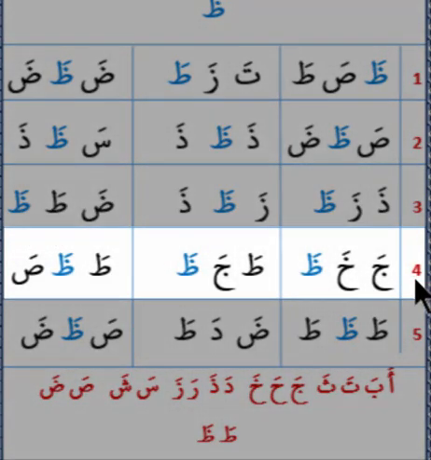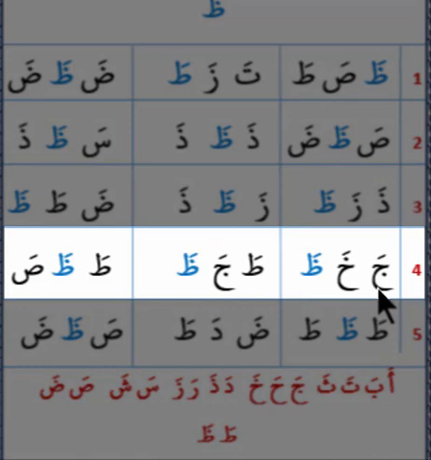Fourth line: ja, ha, va. Ja, ha, va. Ta, ja, va. Ta, ja, va.